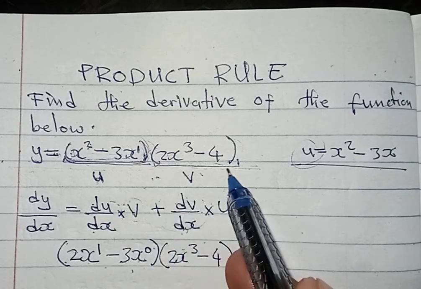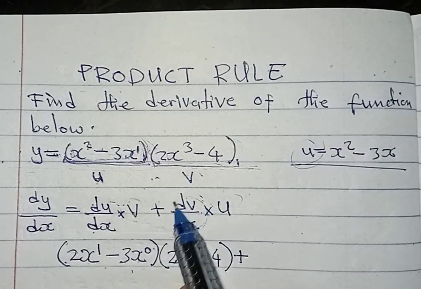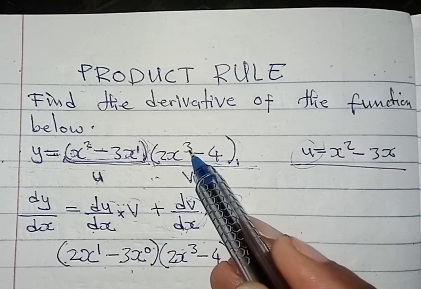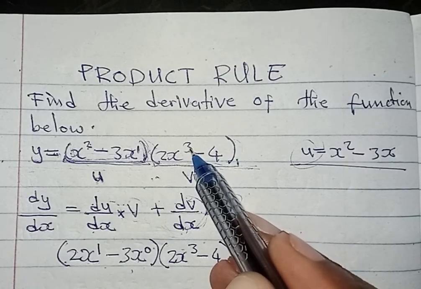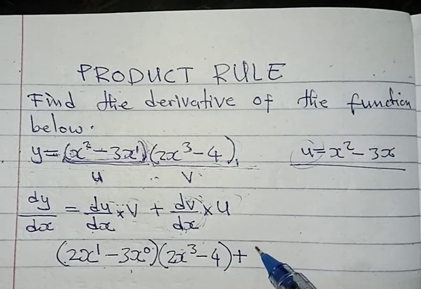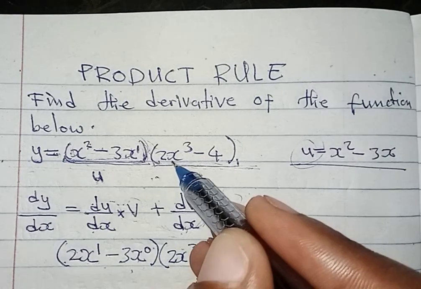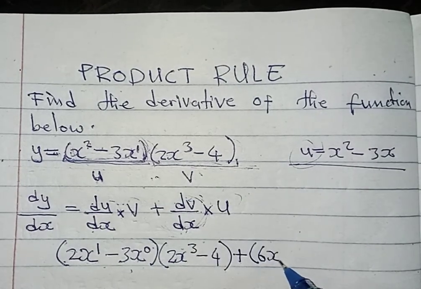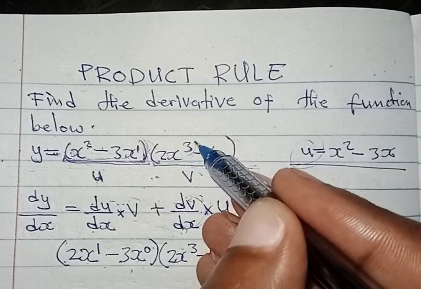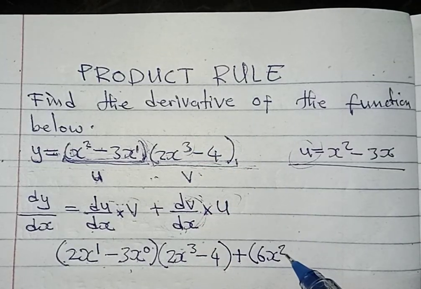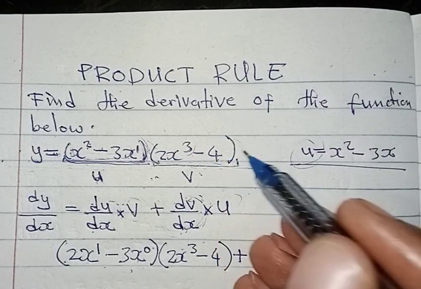This is our function v. To find dv dx, we follow the rule. So 3 times 2, we get 6. Drop this x, so we put that x. Now reduce this power by 1, we have 2. Then we have 4.